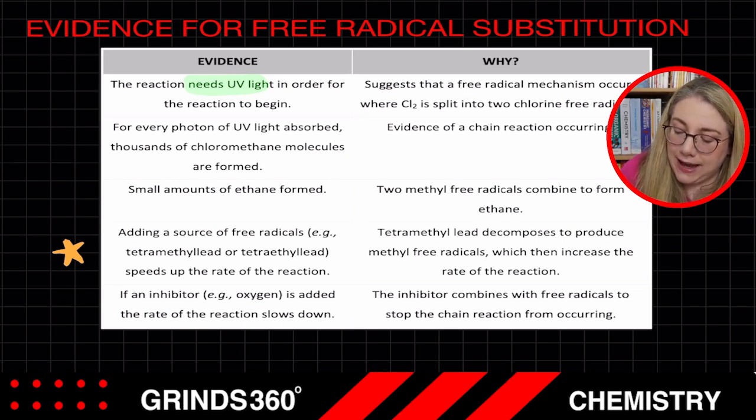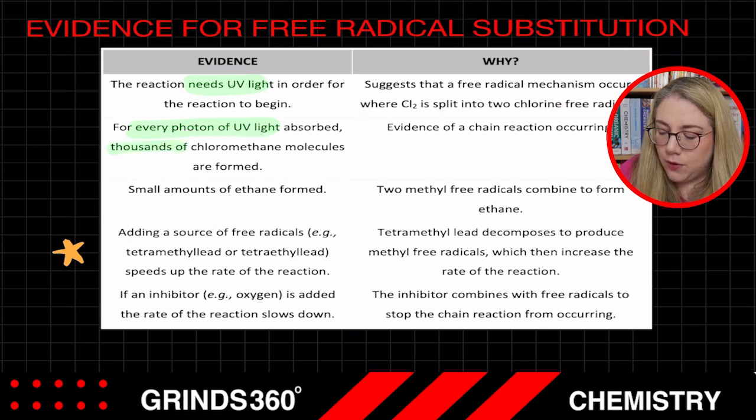For the next one, for every photon of UV light absorbed by the compounds, you will form thousands of chloromethane molecules. So even if you only blast 1 photon of UV light at the sample container, you will end up forming tens of thousands of chloromethane molecules, and that's because of the chain reaction step, which is step 3, propagation.